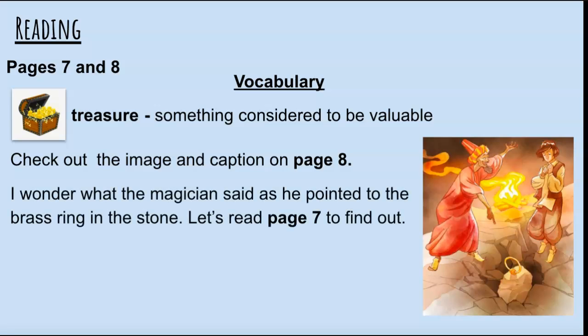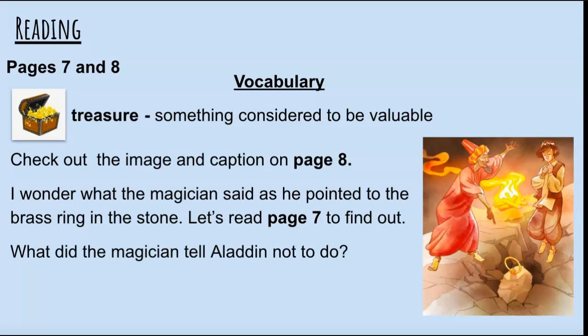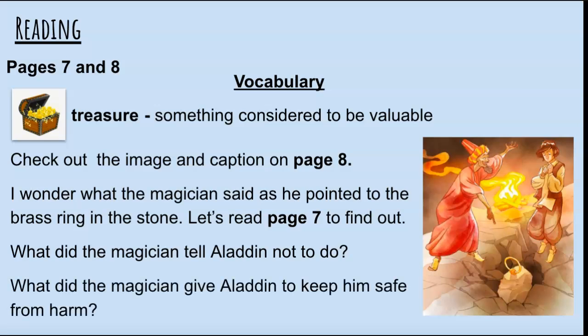I wonder what the magician said when he pointed to the brass ring and the stone. You're going to read page 7 and answer the question, what did the magician tell Aladdin not to do? You're also going to answer the question, what did the magician give Aladdin to keep him safe from harm?